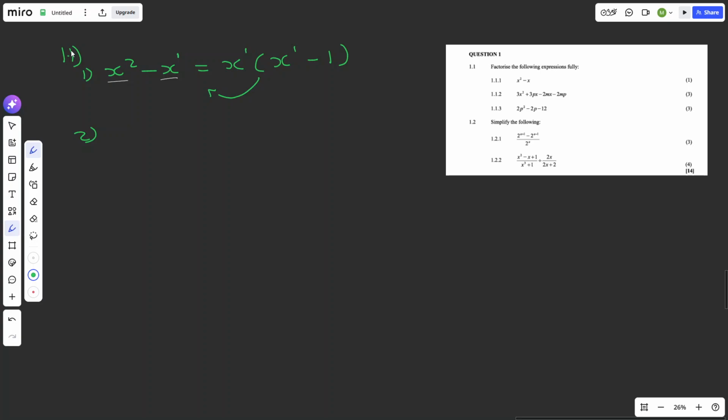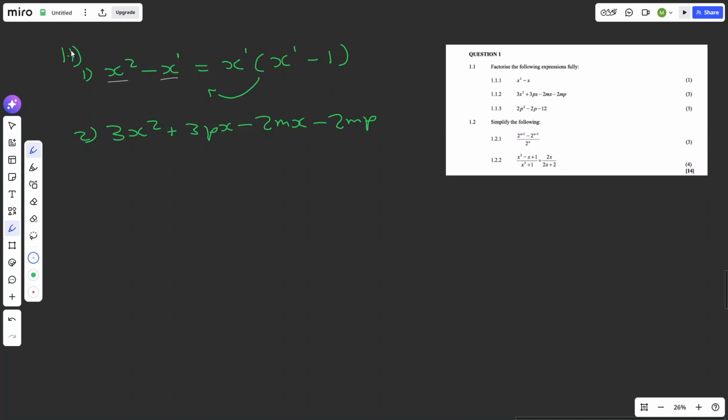So now the next question, we have 3x squared plus 3px minus 2mx minus 2mp. So now here we just need to separate some terms, right?